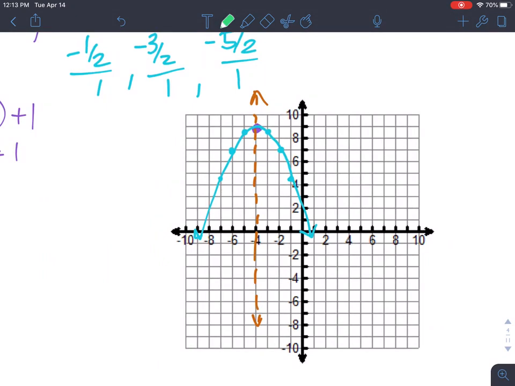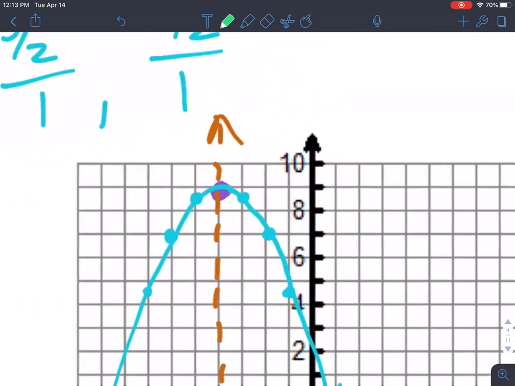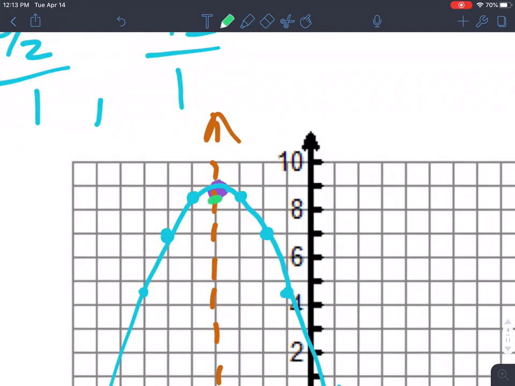And finally here, we are going to mark in that focus and directrix. Our p-value was -1/2. So from 9, I'm going down 1/2 and up 1/2. From 9, I went down 1/2, so instead of being at -4, 9, I'm at -4, 8.5.